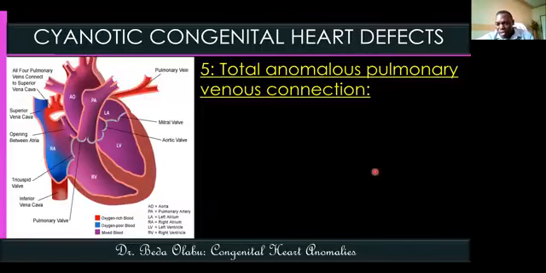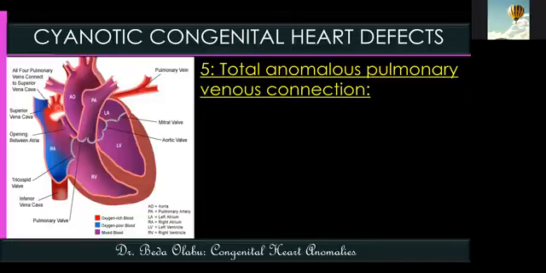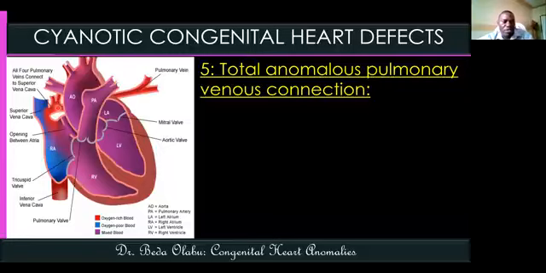Okay, Roylin, you're in? Yes. Okay, Roylin, so pulmonary veins go to the superior vena cava instead of going to the left atrium. Which kind of shunt is that? Oxygenated blood is moving to the deoxygenated, left to right. Very good.